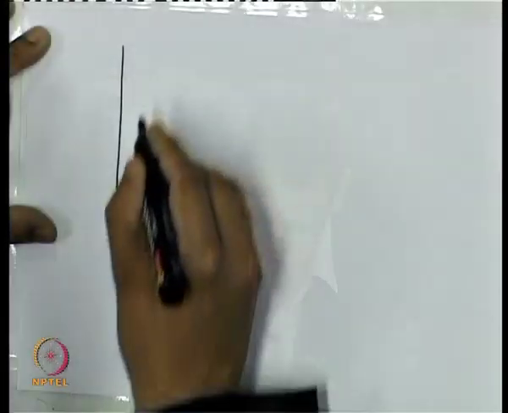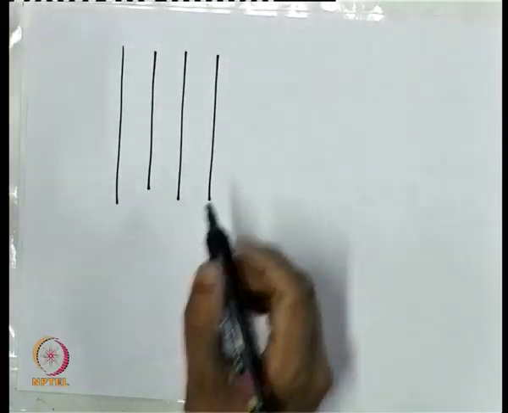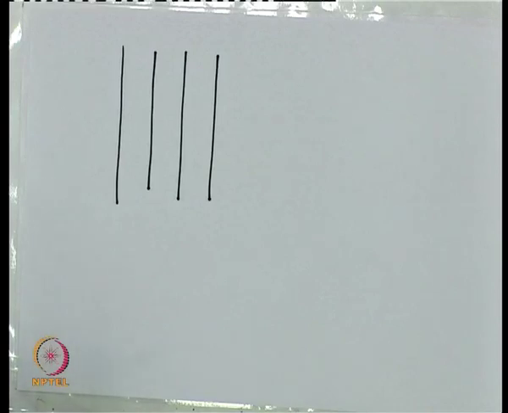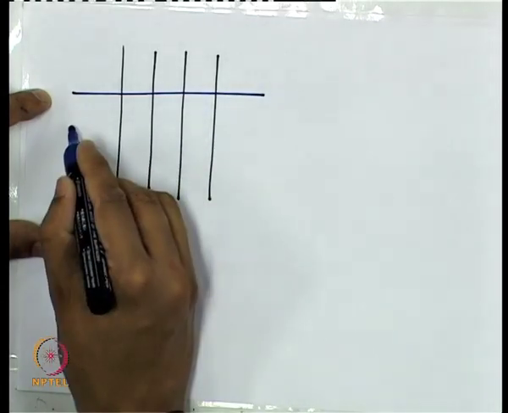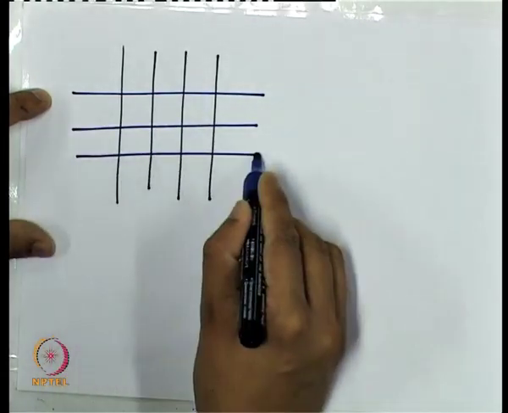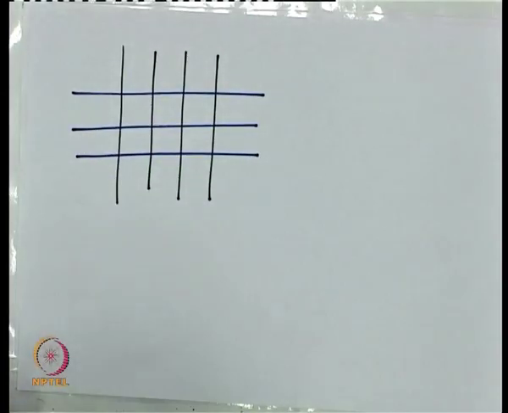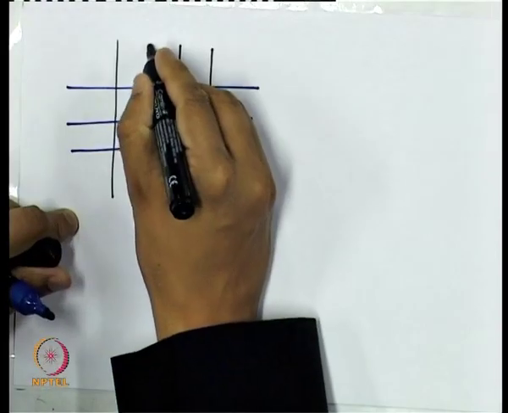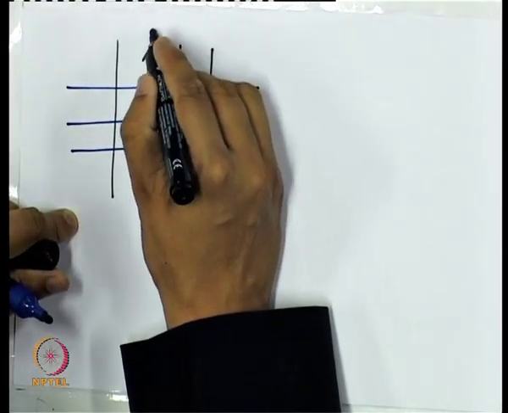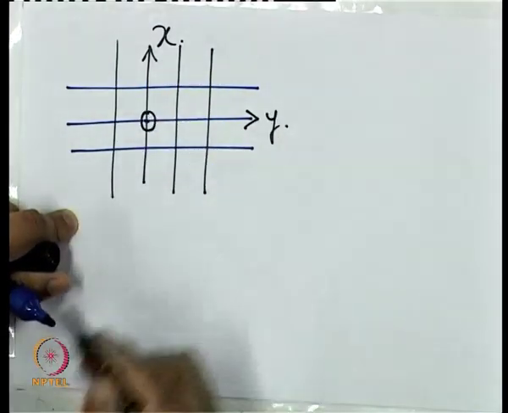So, if I draw some straight lines on the z plane, I will use a different color for different types of lines. Say these black lines are representing constant resistance lines, and this is our x axis and y axis, so this is x and say this is y, this is the origin.